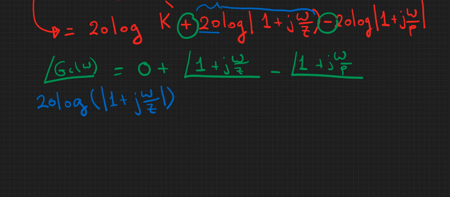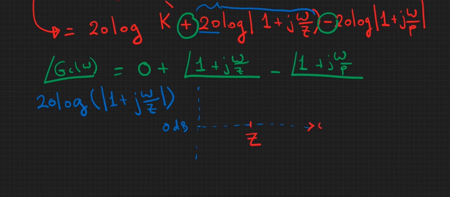In order to plot the frequency response of this magnitude term, we can try to look at the extreme cases. So if this is our plot, this is the 0 dB part, and we have our zero here, or z, when omega equals z.